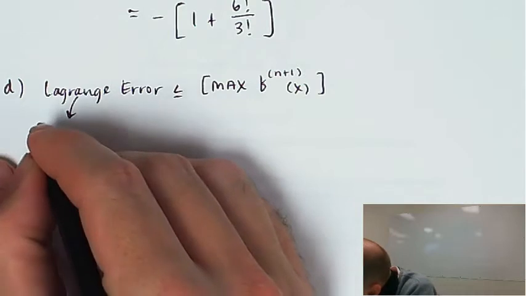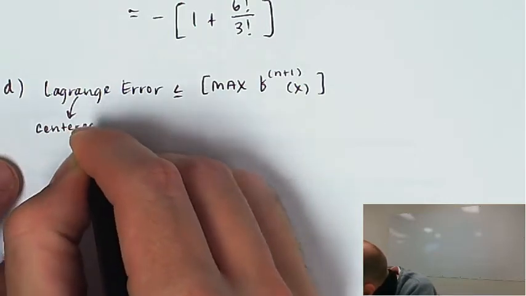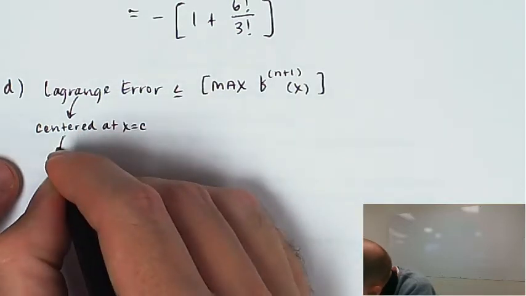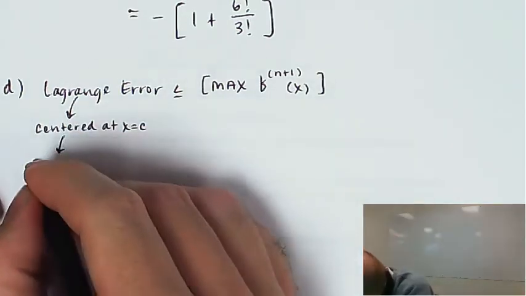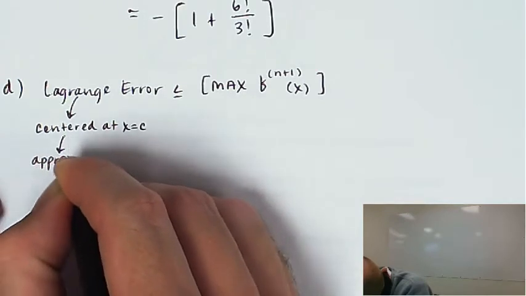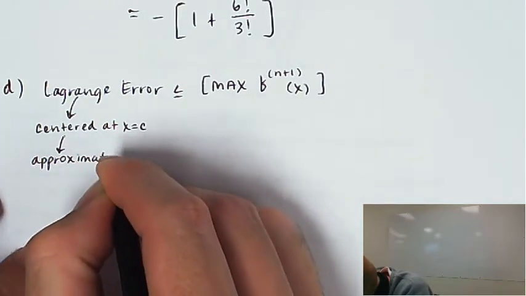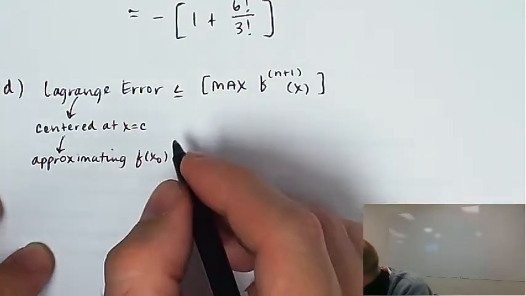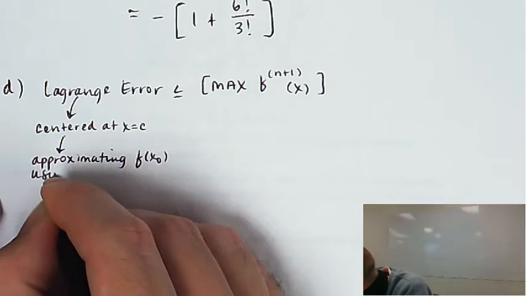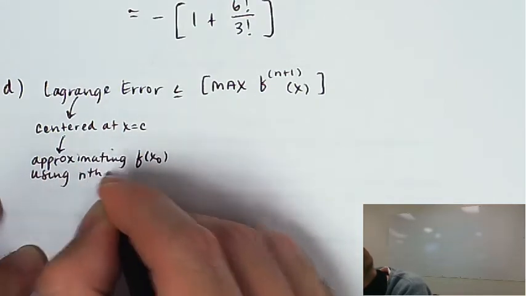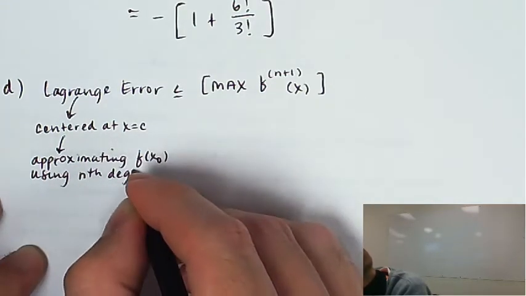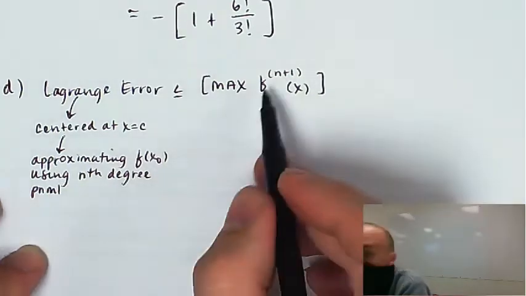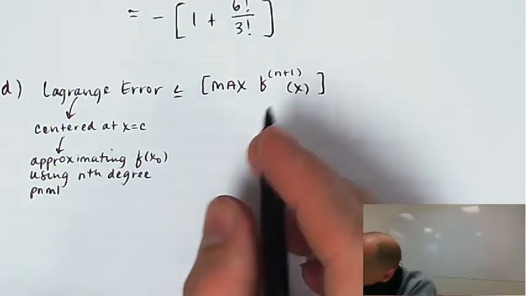So the Taylor polynomial centered at x equals c, and we are approximating f of some particular x value using an nth degree Taylor polynomial.